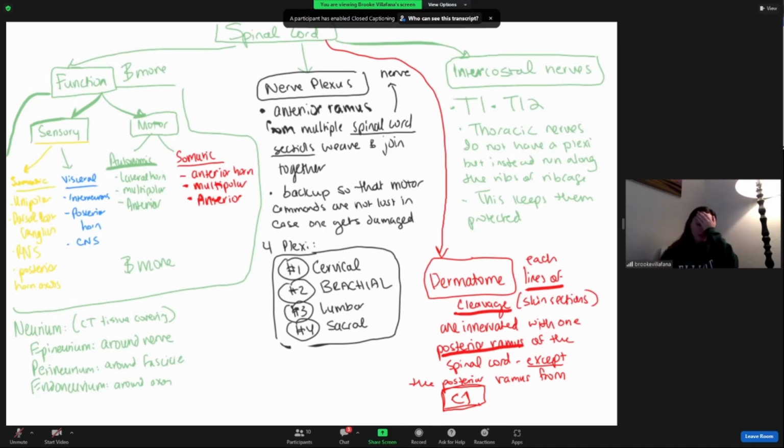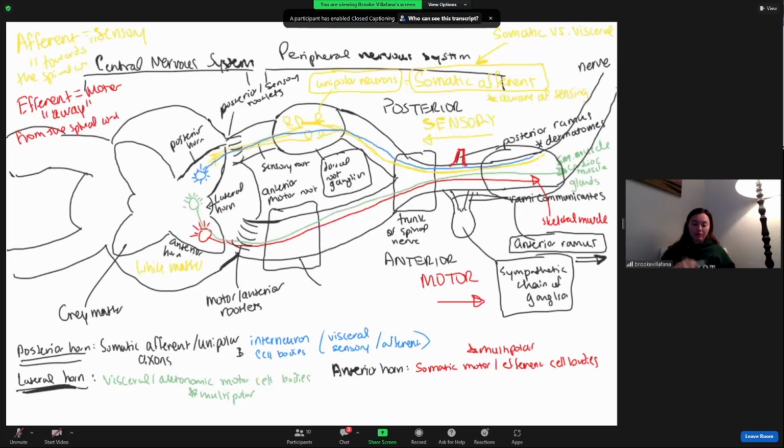So if we look at this picture again, and you're sort of getting it, it's sort of coming together. So where are these located? You would have one, C2, C3, C4, you get the idea, right? So you're going to have one of these pictures repeated, a section of spinal cord with a branch of a posterior ramus, with a sympathetic chain of ganglia, with a nerve, is going to repeat everywhere.